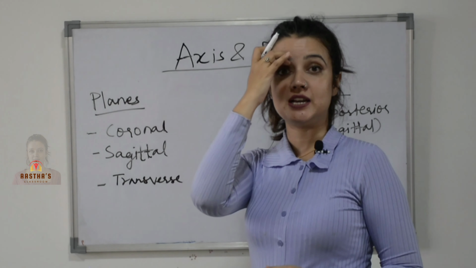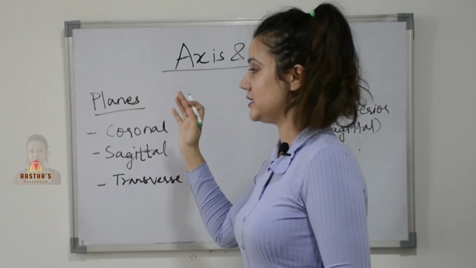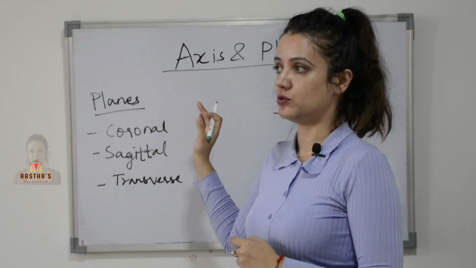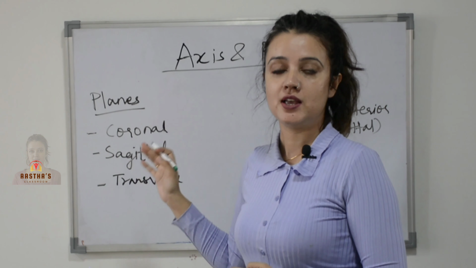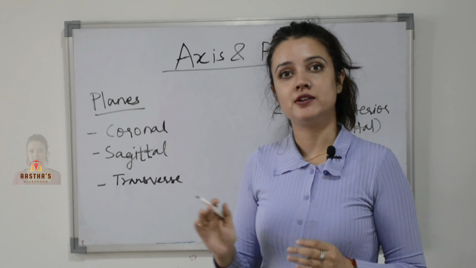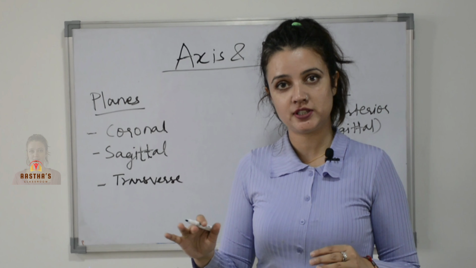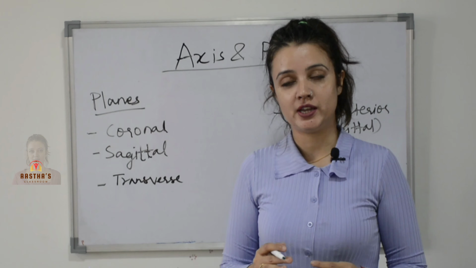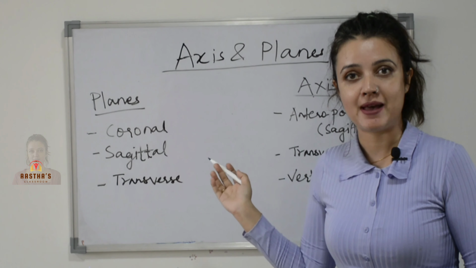So what are the different axes and planes that are there? We'll first talk about what we mean by planes and axis. Planes are the imaginary surfaces present in the body, and axis is the imaginary line.